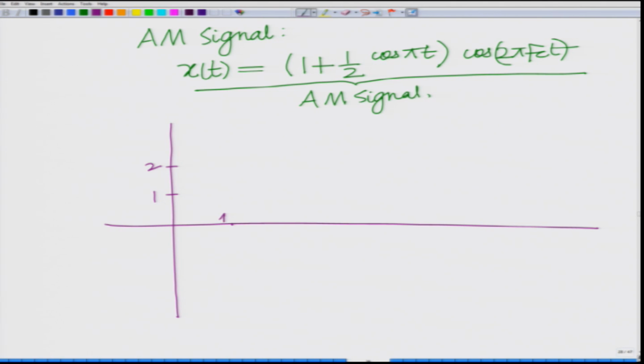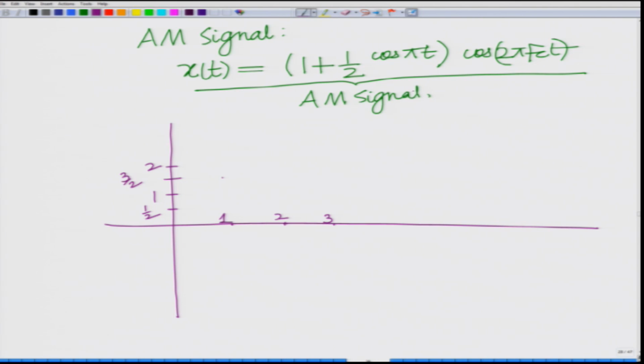So, I have over here 1, let us say I have over here 2, and this is half, this is 3/2. So, now for instance, when t equal to 0, I have 1 plus half cosine pi t equals 1.5, that is 3/2.